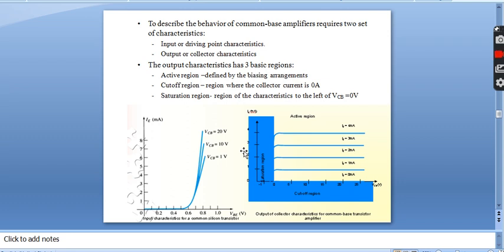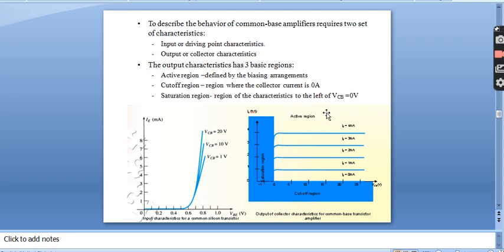That means the output collector characteristics are defined in three basic regions: cutoff region, saturation region and active region. The active region is defined by the biasing arrangement, that is forward bias or reverse bias arrangements.